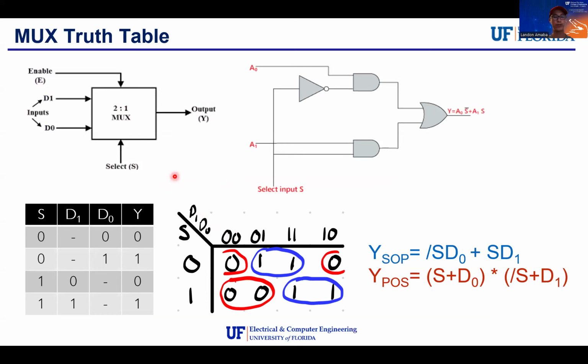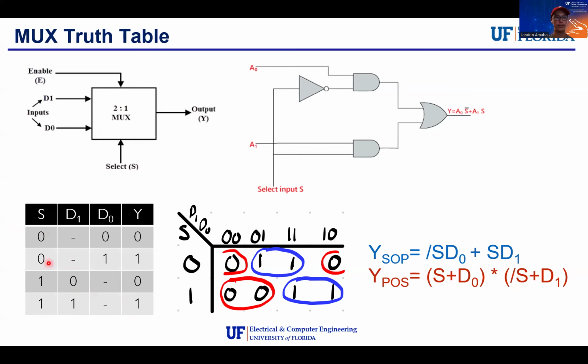First, we're going to start with a 2-input MUX. The idea is you have 2 inputs, D1 and D0, which we call our data lines. You also have a third input, which is your select line. Depending on the value of this line, either D1 or D0 gets fed to the output. Down here, I have a truth table for this 2-input MUX.